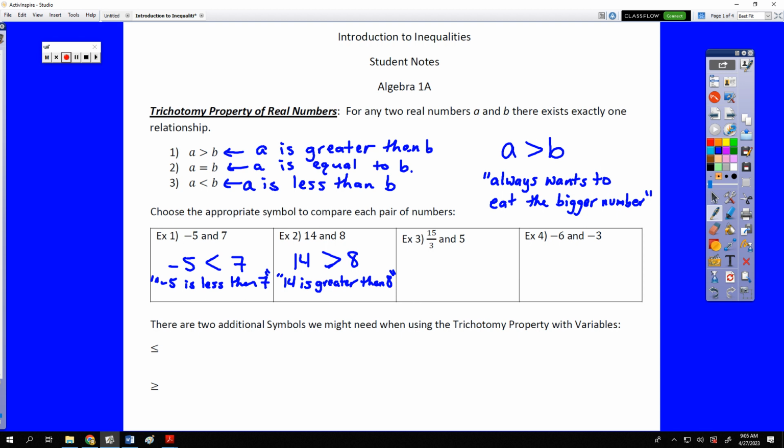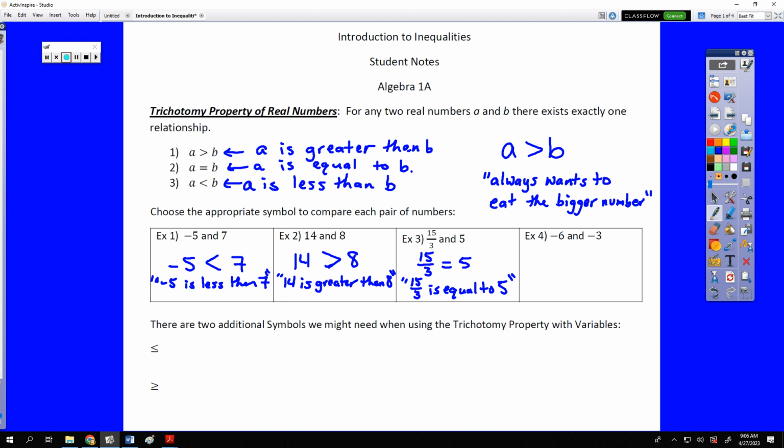Okay? So that next problem, 15 over 3 and 5. Those numbers are the same because 15 over 3 is 5. If they are the same number, then we put the equal sign in between them. Okay? In words, again, this would say 15 over 3 is equal to 5. We've been dealing with equals all year.